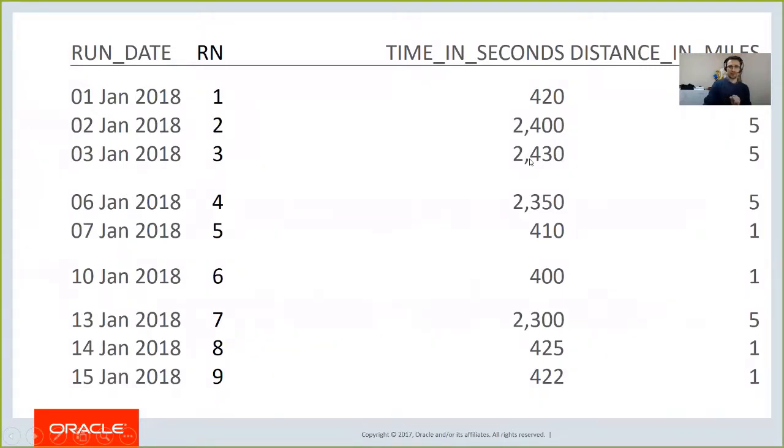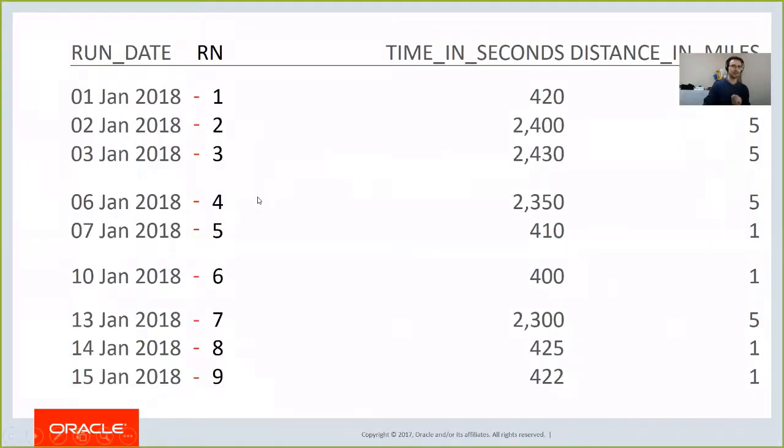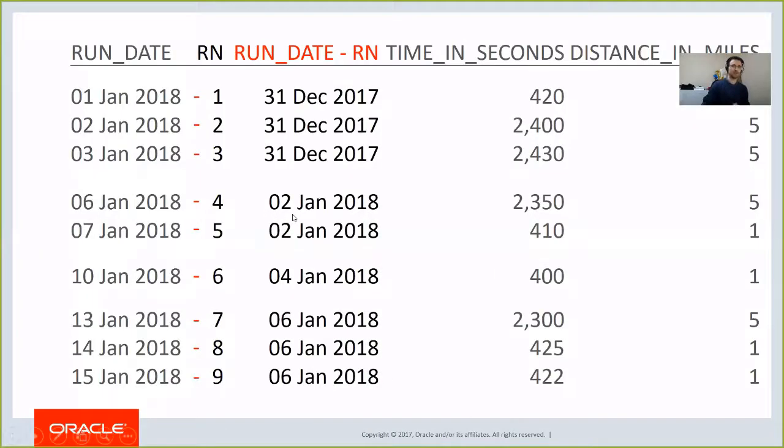So the difference between every single value is 1. How does that help us? Well, if we've got consecutive dates, the difference between the row number and the date will map to the same value. Okay, what does that mean? If we subtract the row number from the date, when the dates are consecutive, they will map to the same value.